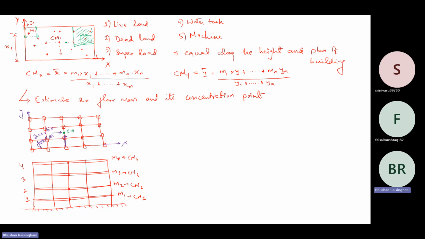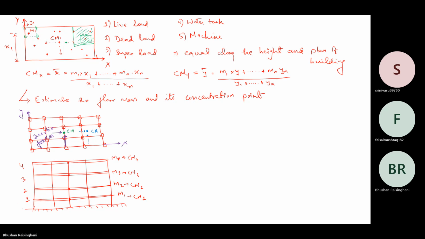However, always the CM and these lateral forces are applied at CR. Let's say the CR is at this particular point, center of rigidity. So theoretically, it is to be applied at CM. However, in actual, it is applied at CR in your model.